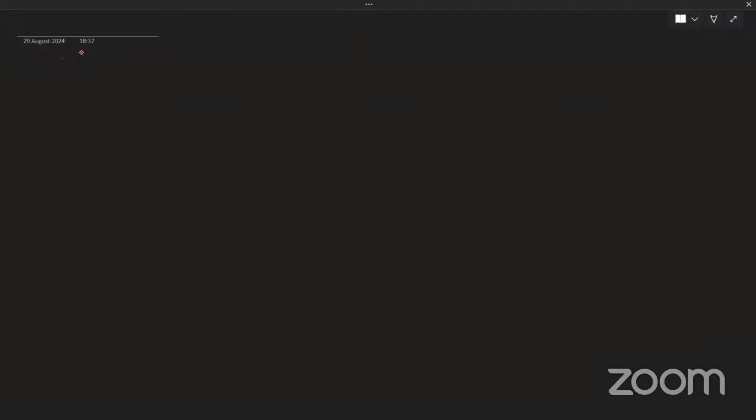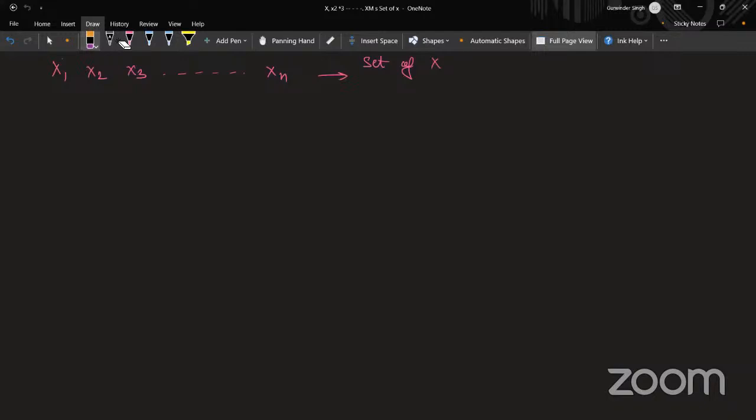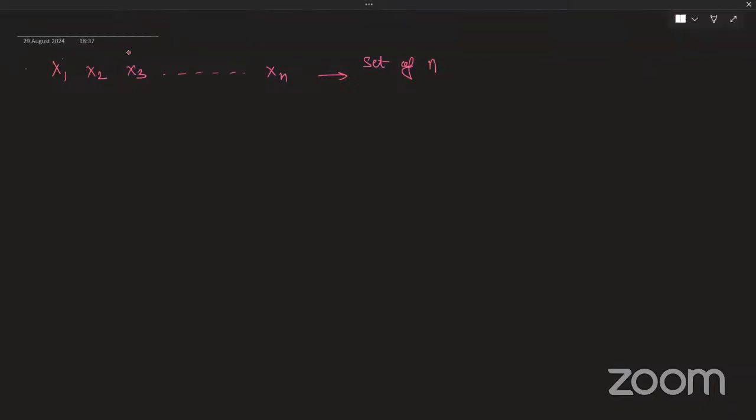So for example, you have a set of n numbers, x1, x2, x3, and so on up to xn. This is a set of n numbers.